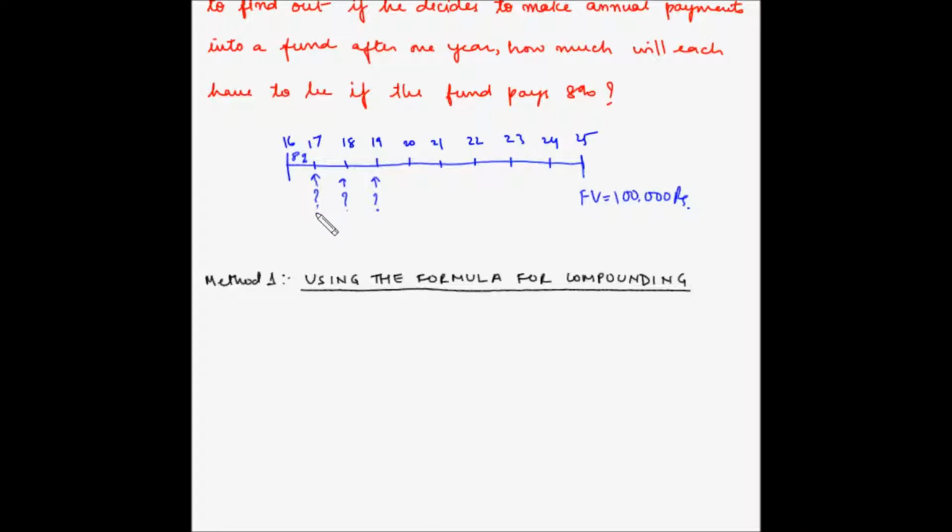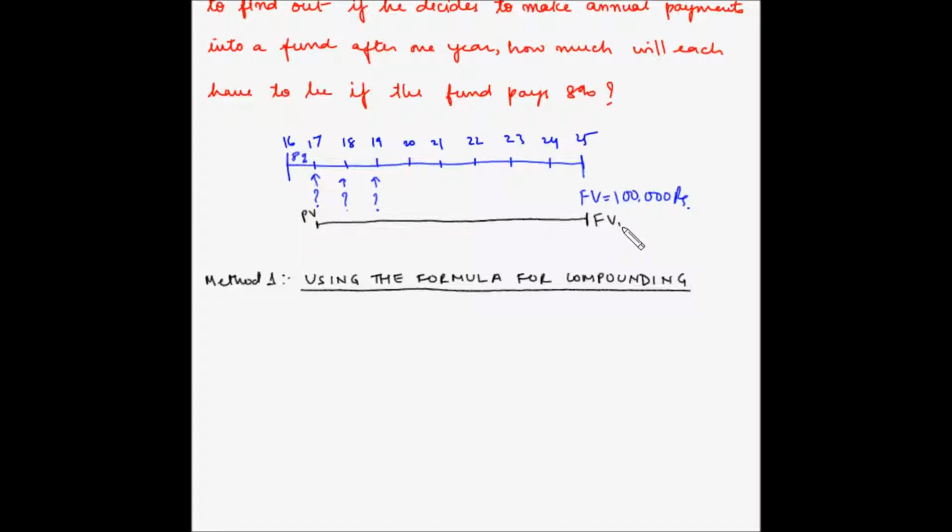Now the first deposit that is made by your father in this fund will gain an interest of 8% up to this time, which is the 25th birthday. So if we consider this amount being deposited on the 17th birthday as PV, this PV will get converted into an amount.